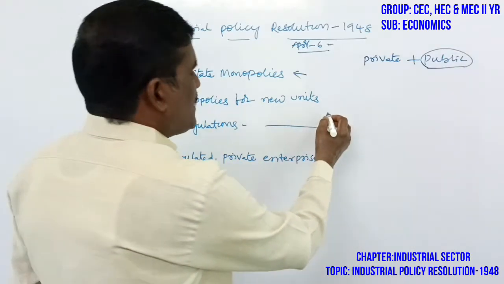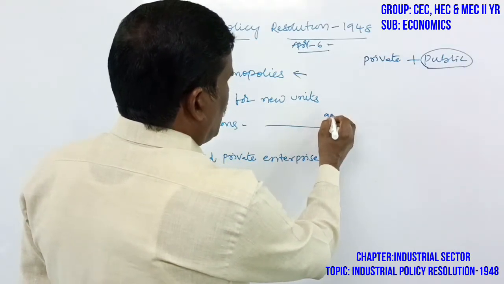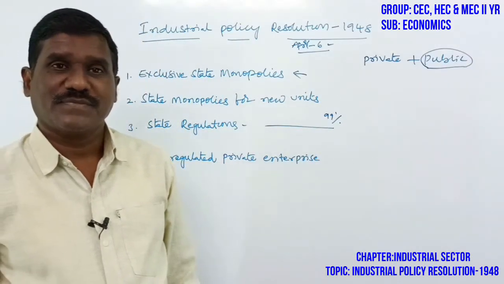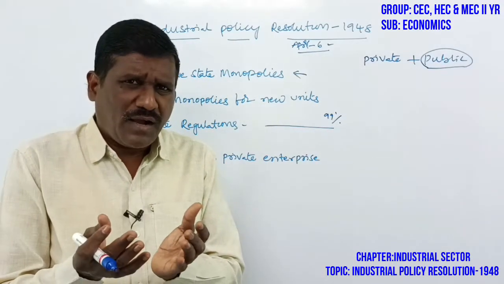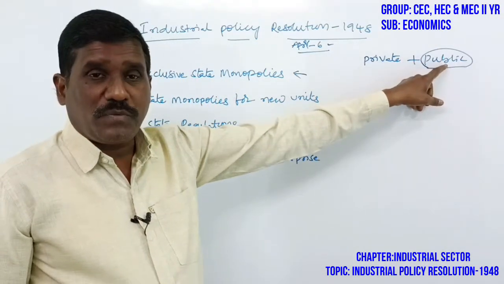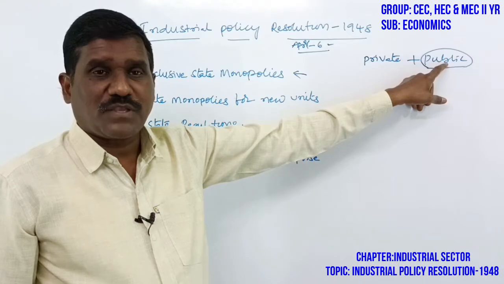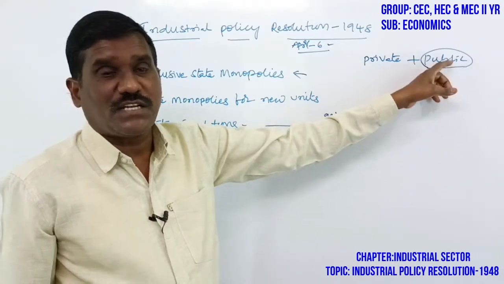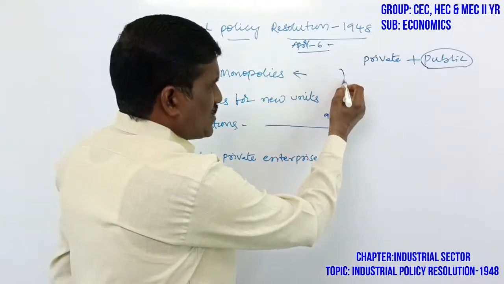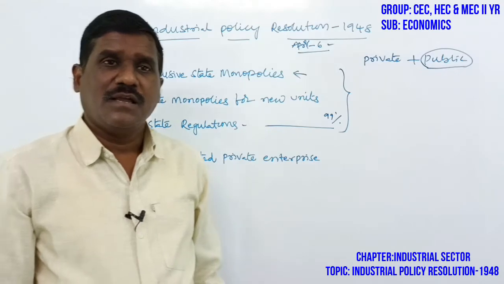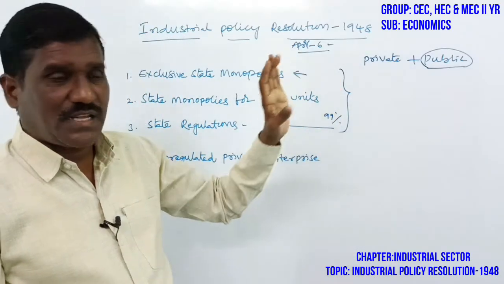Maximum 99% of industries are organized by the government sector only. The purpose of dividing industries like this is to give more priority to the public sector, the government sector, because of the key and important industries.